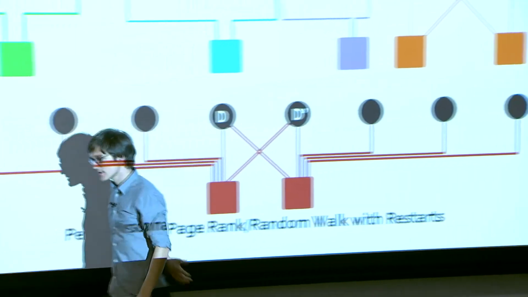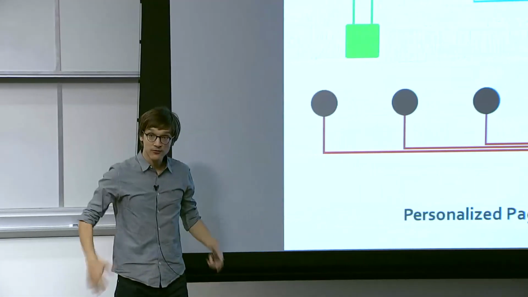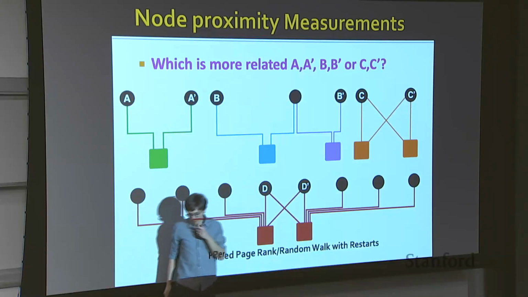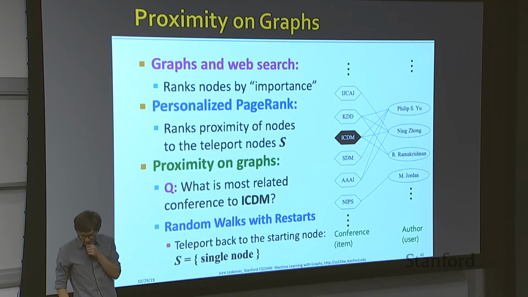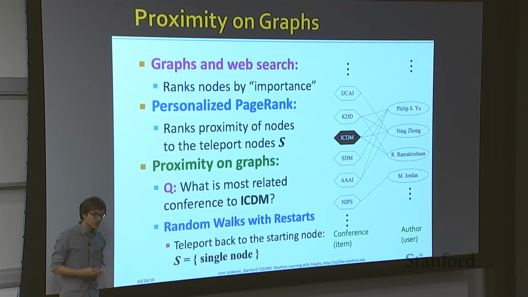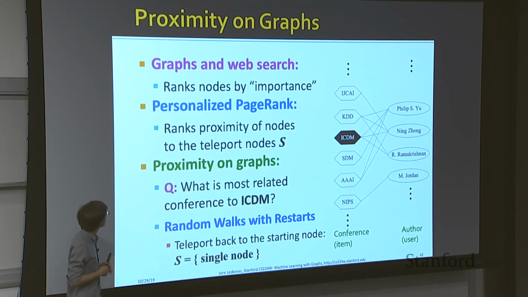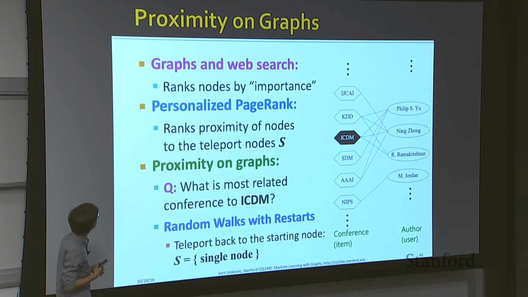And the question is, what kind of graph algorithm would obey these types of intuitions? It turns out that random walks on graphs, so basically PageRank on graphs, obeys exactly this type of intuition.